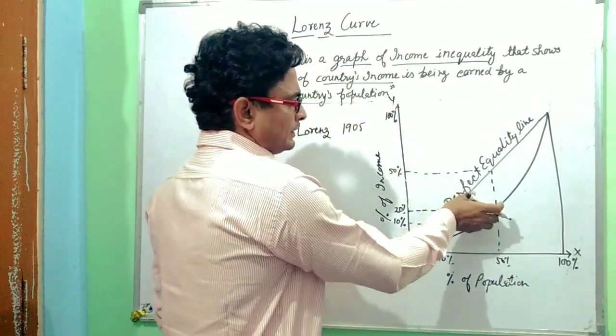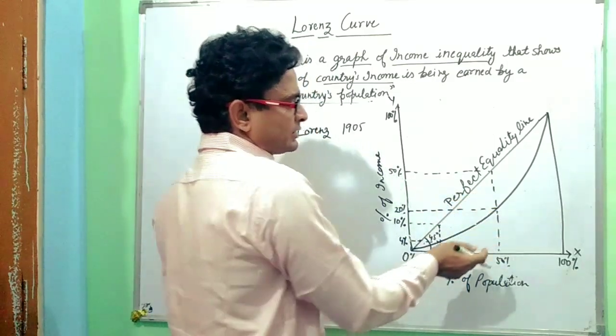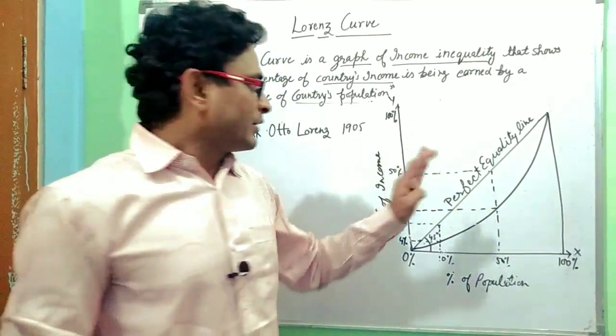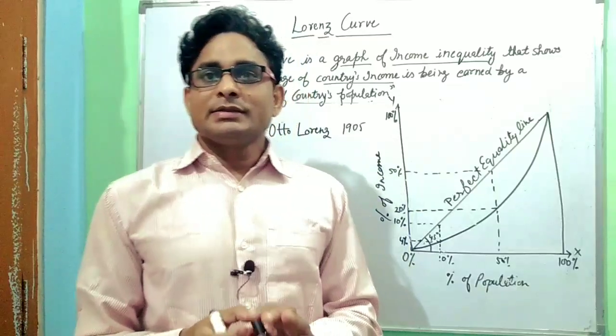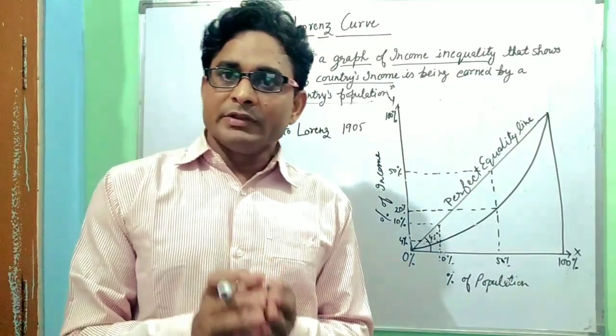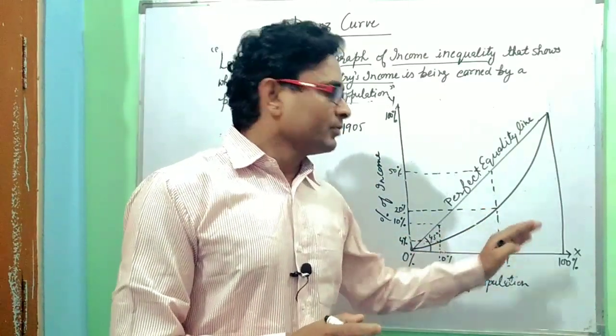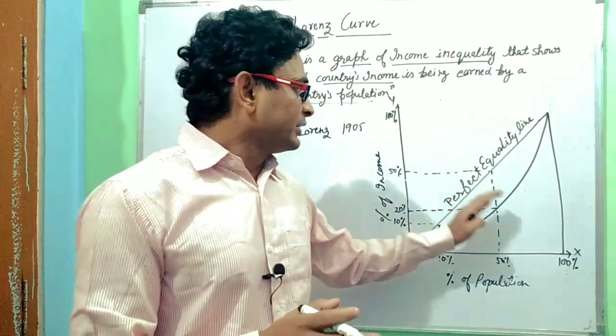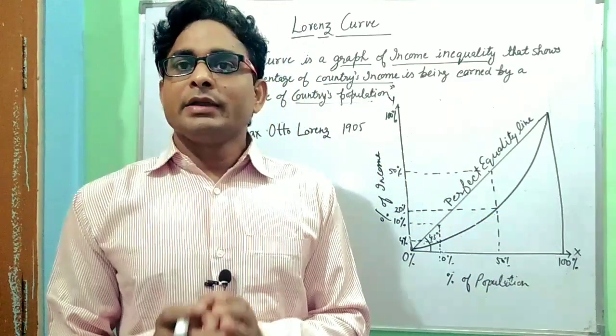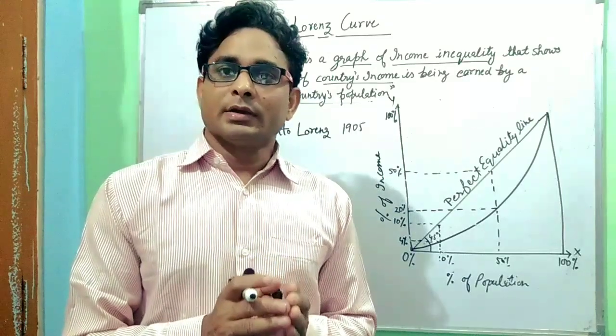Now as this Lorenz curve is closer to the perfect equality line, there is even distribution of income. If these Lorenz curves move away from the perfect equality line, then there is uneven distribution of the income.